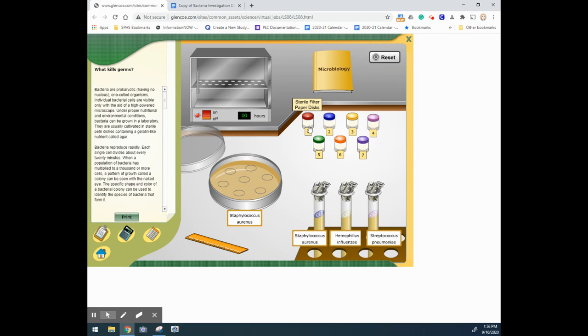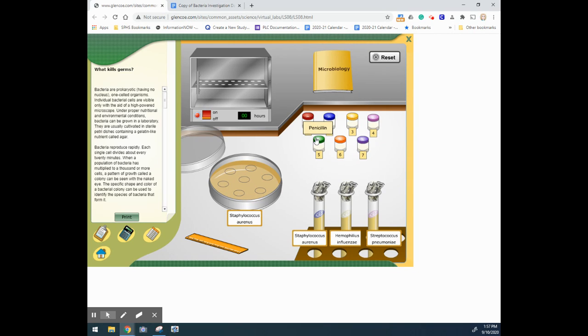What are we going to be looking at when we do this study? Yeah, we want to know which one of these disinfectants causes the germ to grow the least or to be destroyed. Whichever one works the best at fighting the bacteria. So that's exactly what we're looking for.